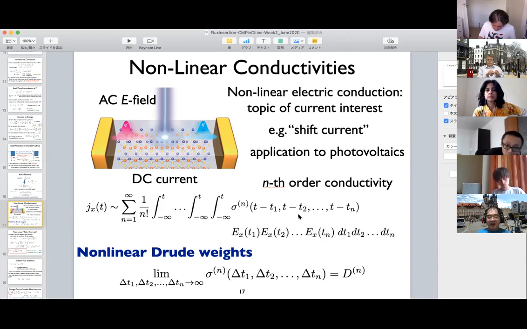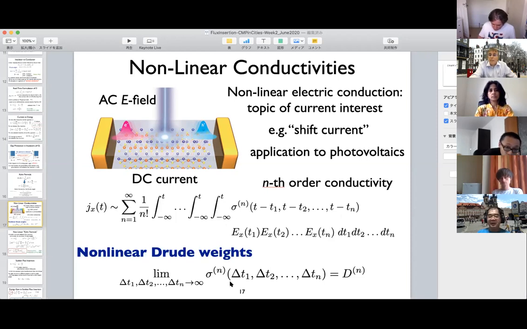And this real-time nonlinear conductivity is a function of n delay times. If you convolute this and sum over n, you should, in principle, be able to obtain the current induced by the electric field, including the higher order nonlinear conductivities.